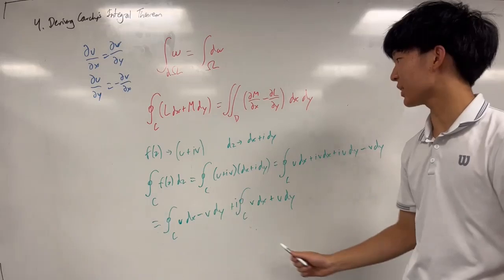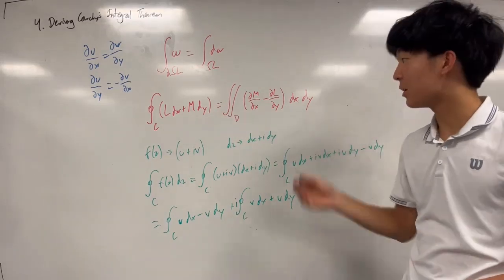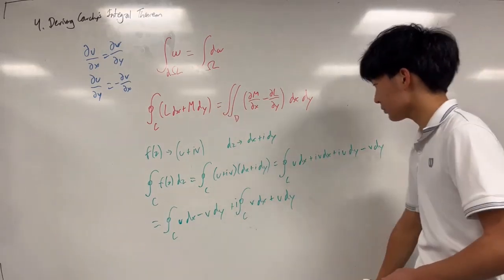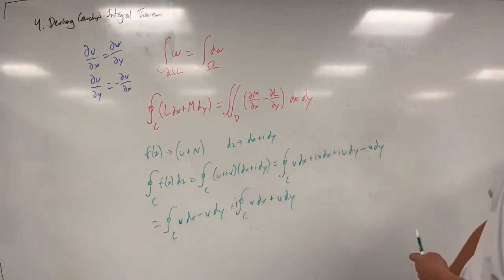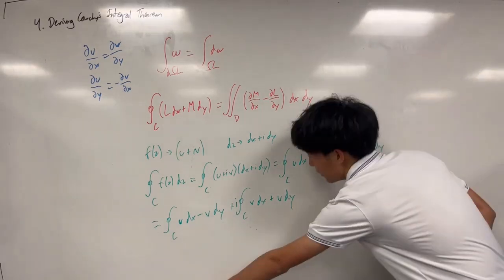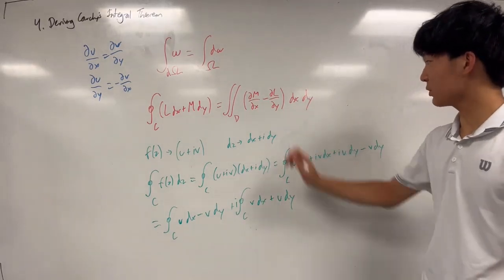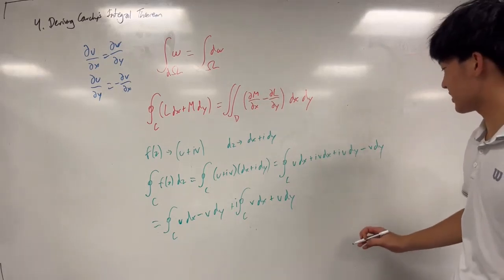And now we have two things that look like the left side of Green's theorem. Then we can replace both of these with area integrals by Green's theorem.